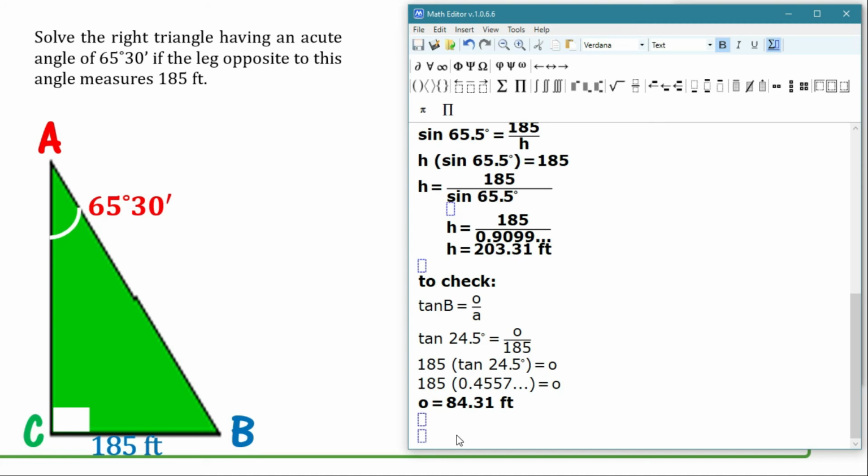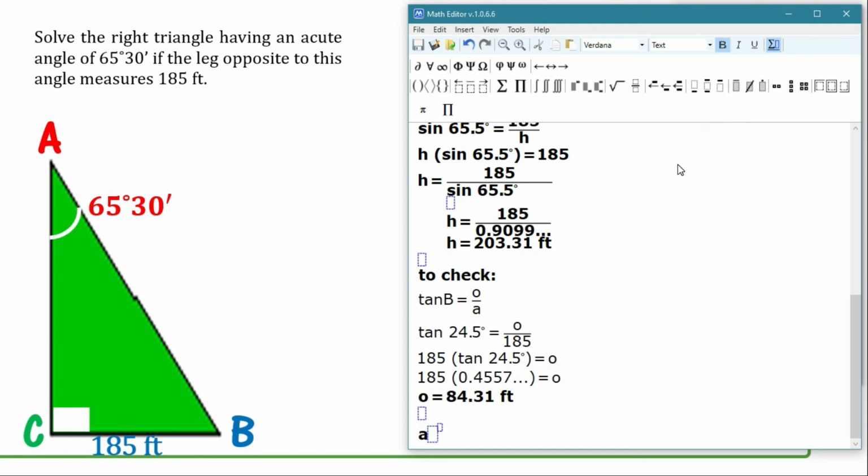So, that's gonna be a square plus b square equals c square. Okay?